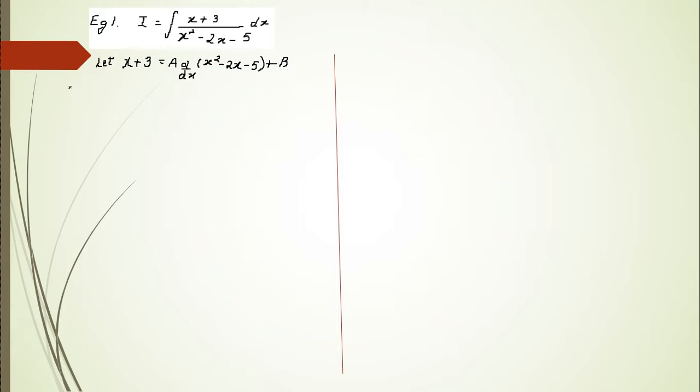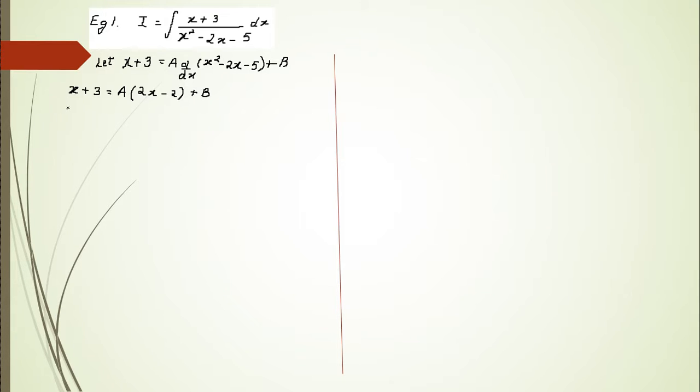Therefore, x plus 3 is equal to a into d by dx of x square minus 2x minus 5, that is 2x minus 2, plus b.